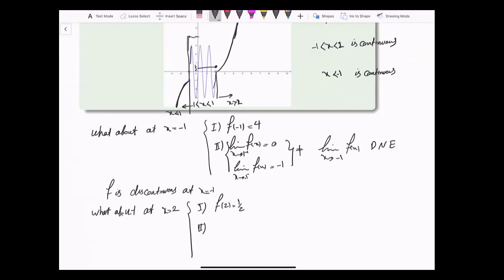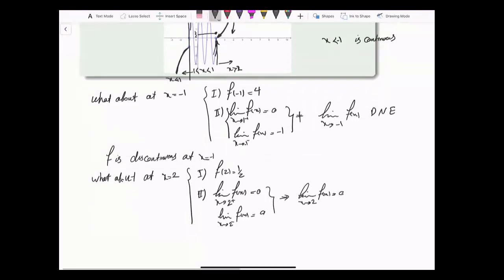The second thing, how about the limit? Well, the right limit of the function as x approaches 2, you just look at this guy, this will go to 0. The limit of this function as x goes to 2 from the negative side goes to 0. So from this, you can conclude that the limit of the function, not the one-sided one, is equal to 0.